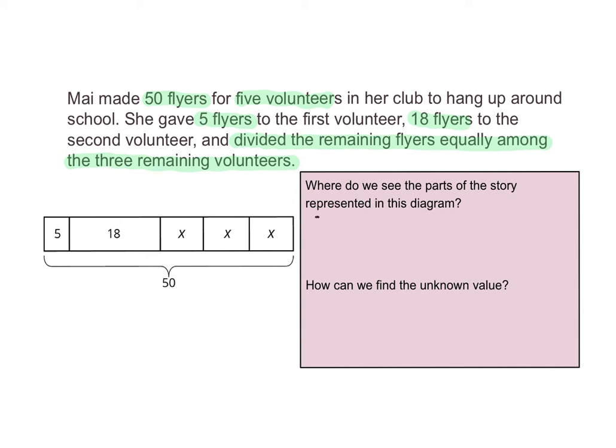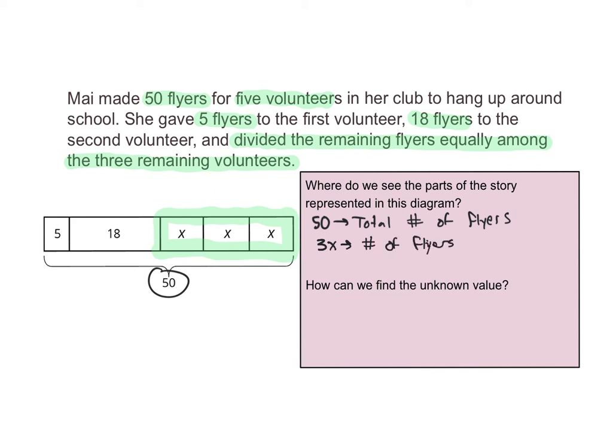Some people said they saw that 50 right there represented the total number of flyers. Some people noticed that we have 3 X's right here and said that those 3 X's represented the number of flyers given to the last 3 volunteers.